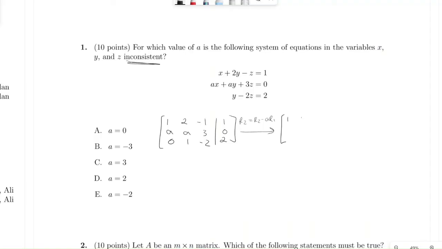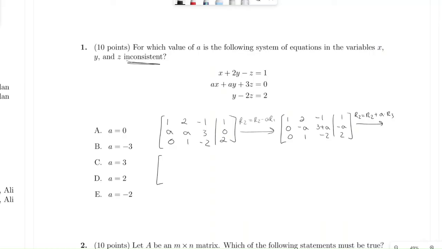So we can do that and we get 0, A minus 2A is negative A, 3 plus A, and then negative A. And then we can add A times row 3 to row 2.